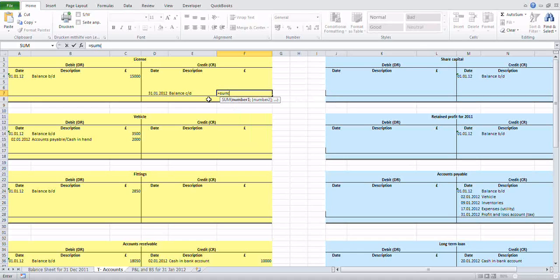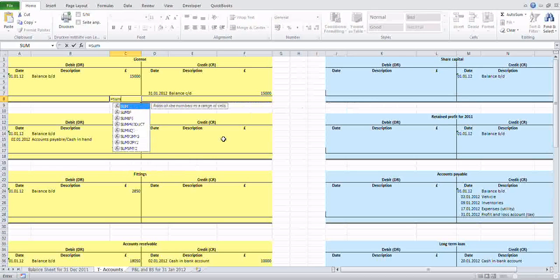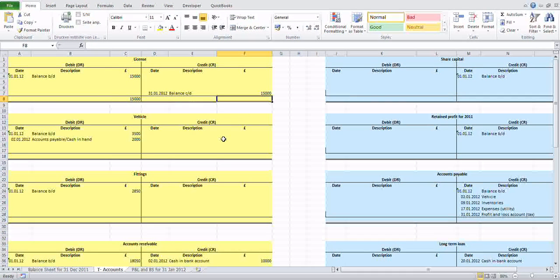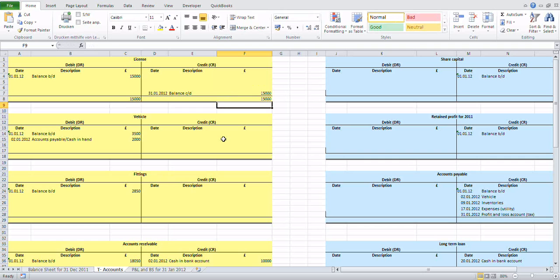But again, to be consistent, take the larger sum minus the smaller sum. 15,000. This goes against the balance sheet. And this one as well. 15,000.